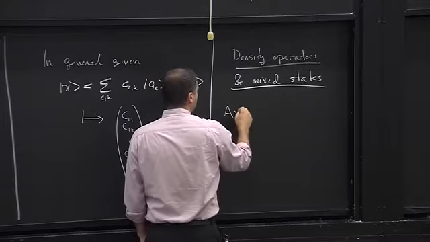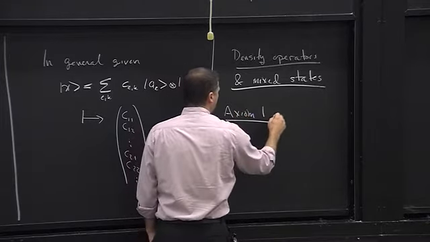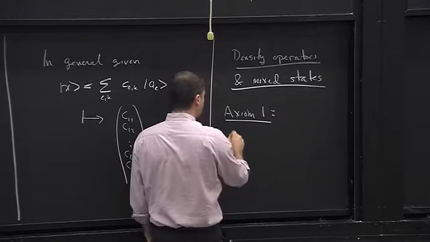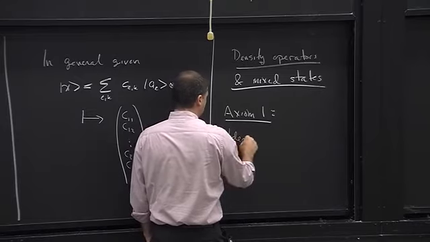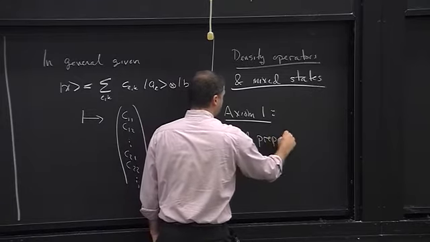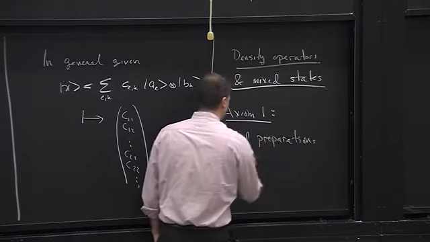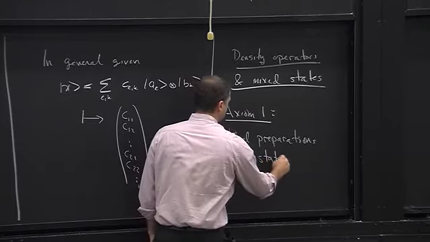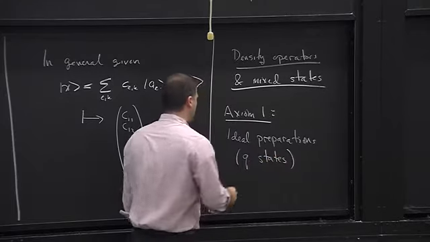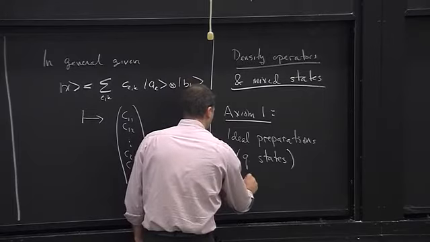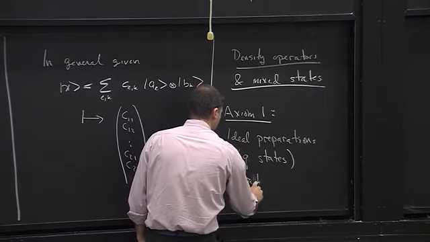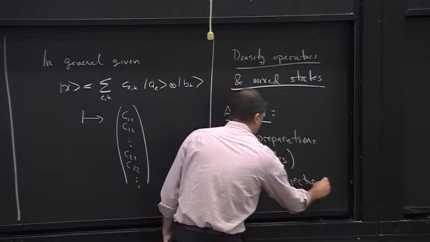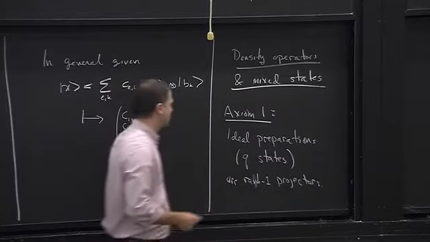Okay, so axiom one told us that we associate the quantum state, or the preparation, ideal preparations, and of course the shorthand way to refer to that is just to call it a quantum state. Ideal quantum states are rank 1 projectors acting on a Hilbert space.